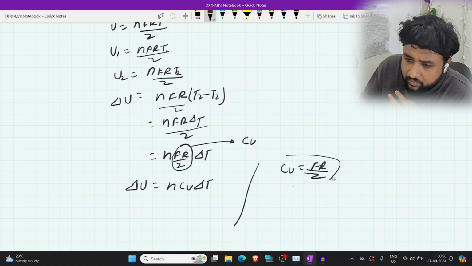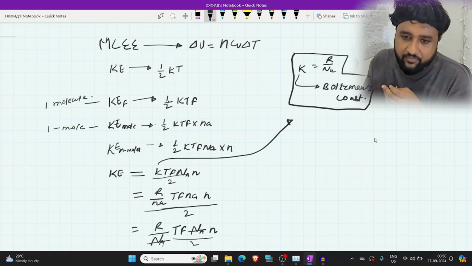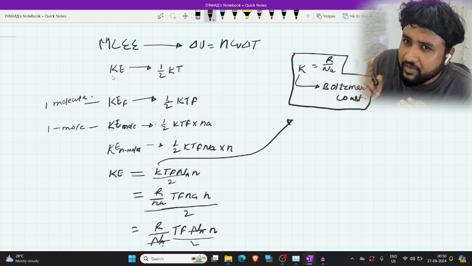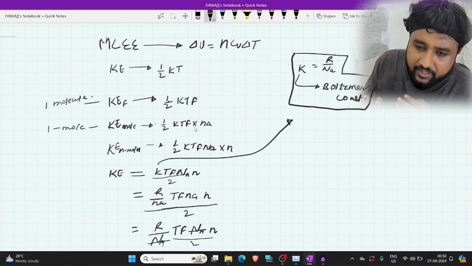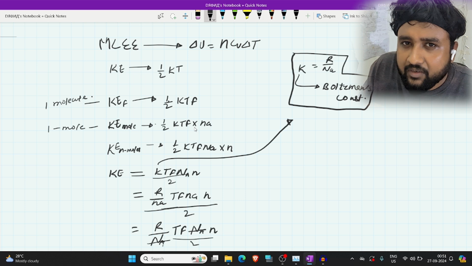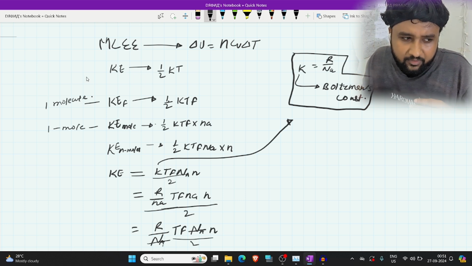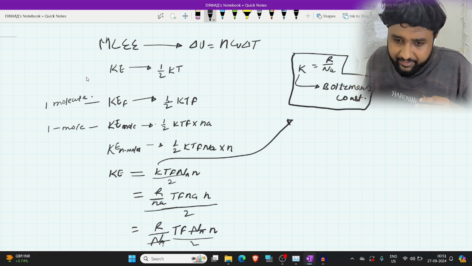by 2, right? Okay, so let me recapitulate it really quick for you. Maxwell's law of equipartition of energy says kinetic energy for 1 degree of freedom is half kT. A molecule will never have 1 degree of freedom. It will have at least 3 degrees of freedom for a monoatomic molecule, 6 for a polyatomic molecule, depending upon whether or not the molecule is linear or non-linear, right?